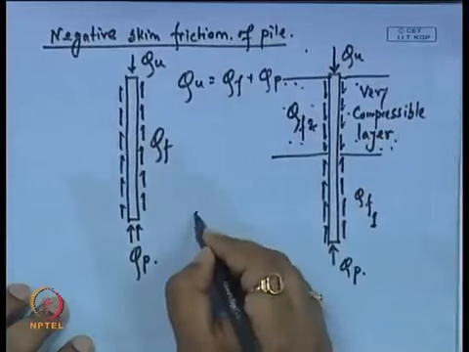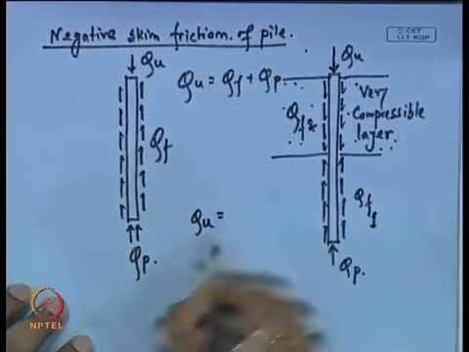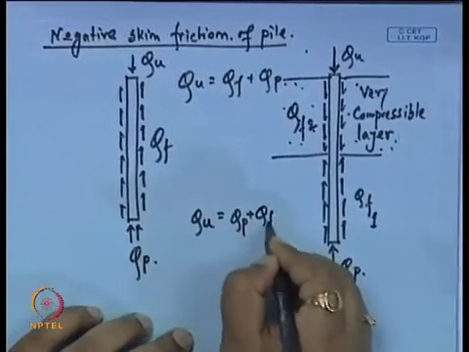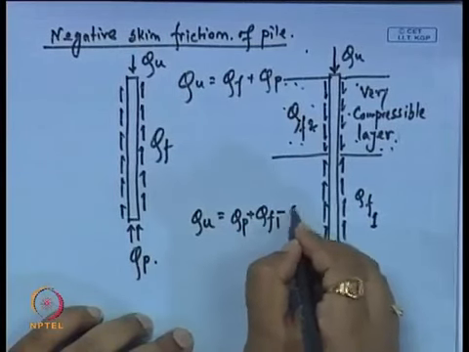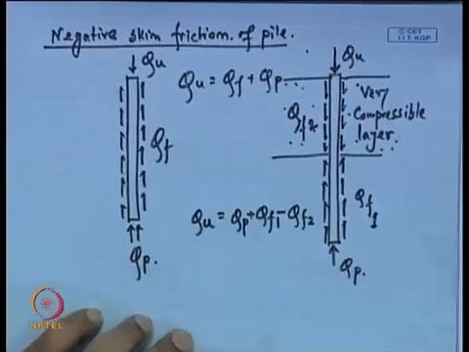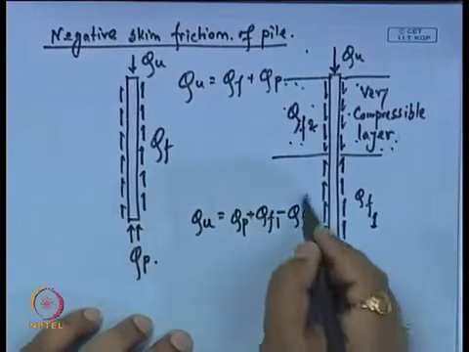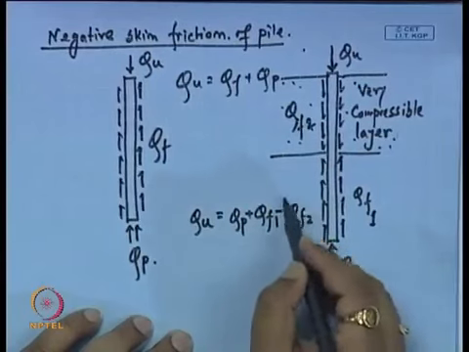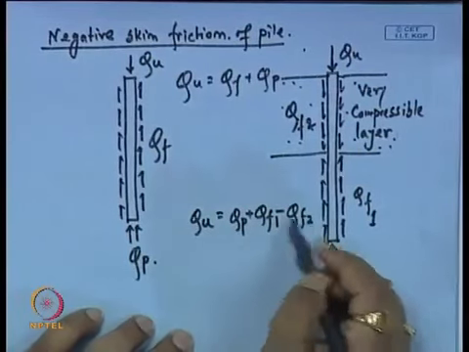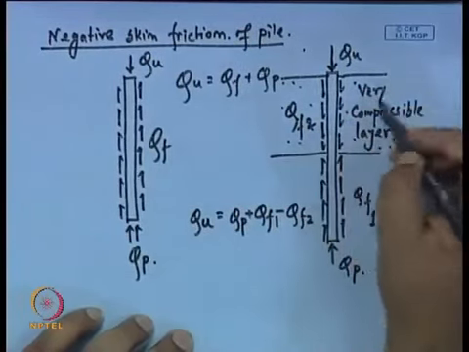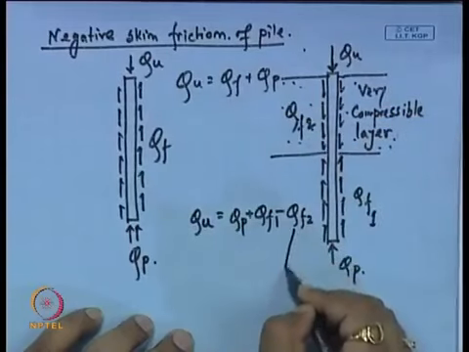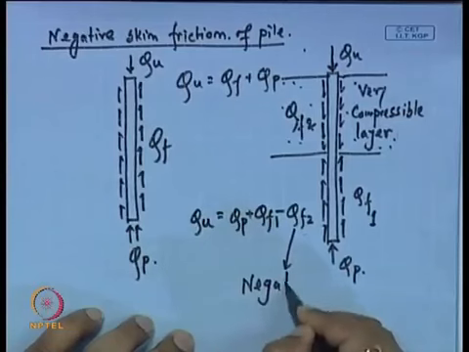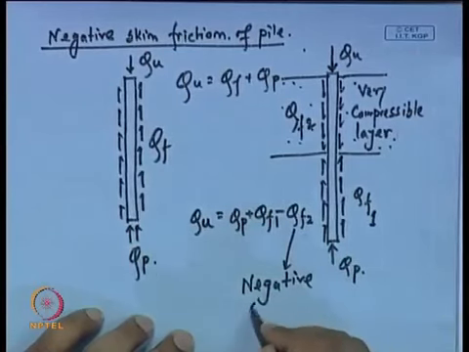So, you can calculate Q u as Q p plus Q f 1 minus Q f 2. That means we are losing some resistance or load due to this negative skin friction. So, this Q f 2 is called the negative skin friction of the pile.